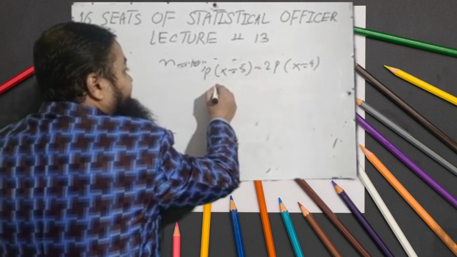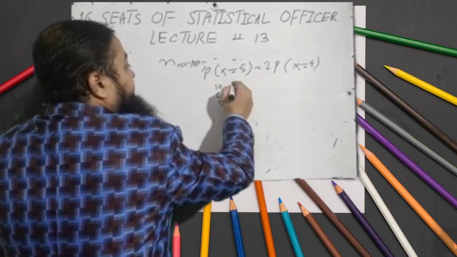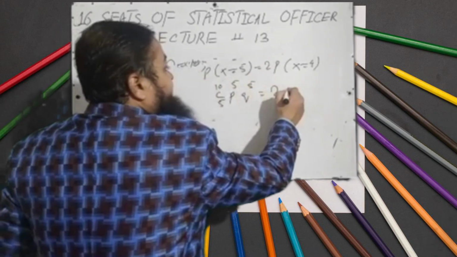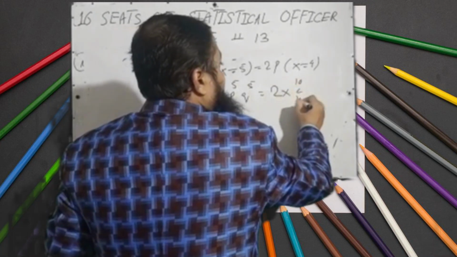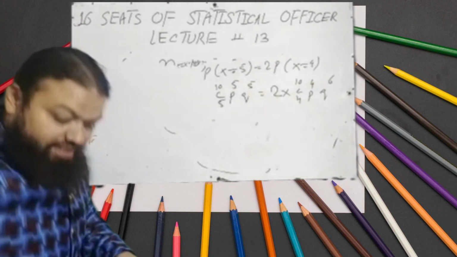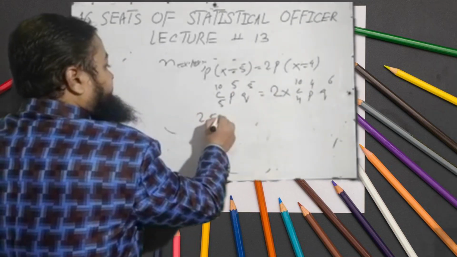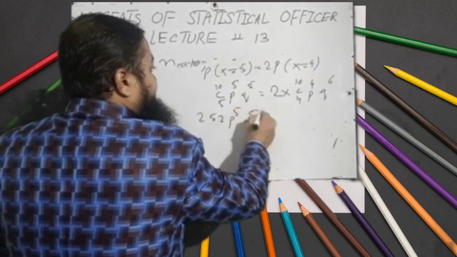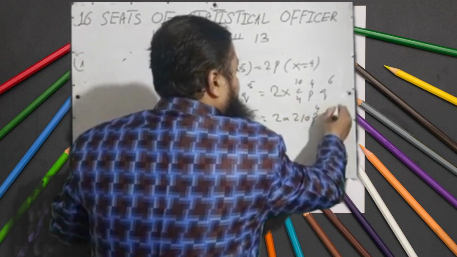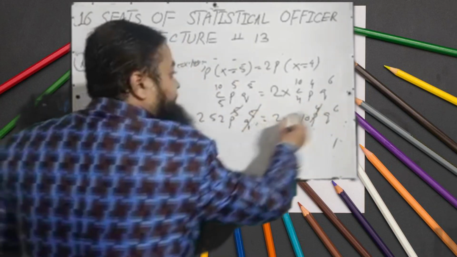What is the formula? nCx, 10C5 since x is given 5, p raised to power x and q raised to power n minus x, 10 minus 5 is 5, is equal to 2 times 10C4, p raised to power 4, q raised to power 6. Now you will have to find out 10C5 is 252. 252, p raised to power 5, q raised to power 5 is equal to 2 times 210 actually, p raised to power 4, q raised to power 6.